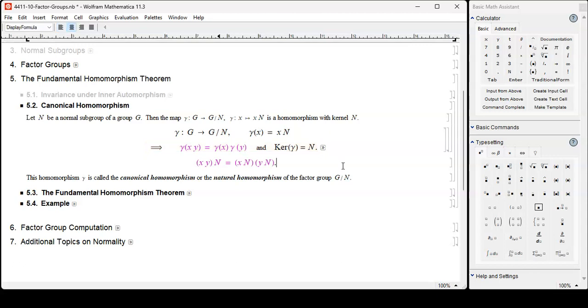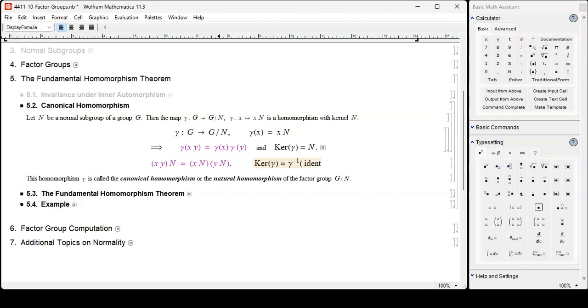Okay, one down, one more to go. How about the kernel? What is the kernel? It's the preimage of the identity element. Remember that? But what's the identity?